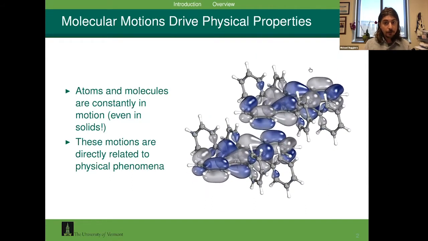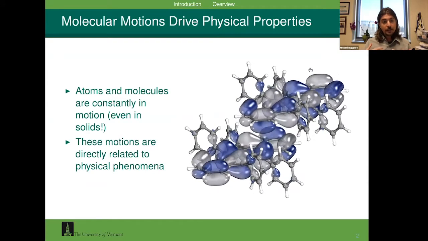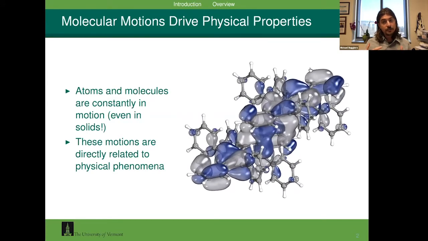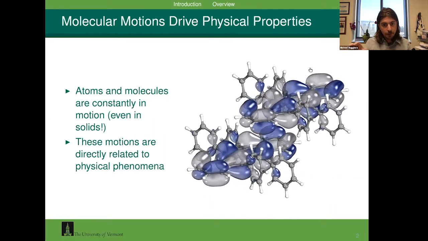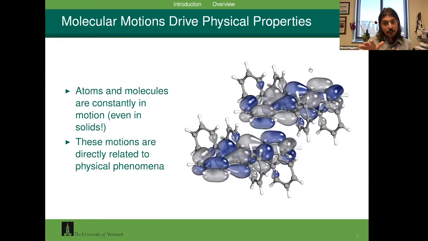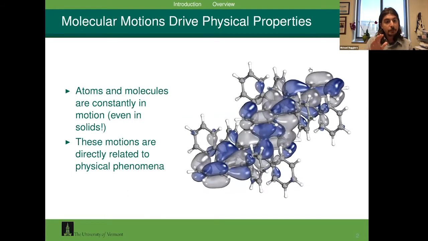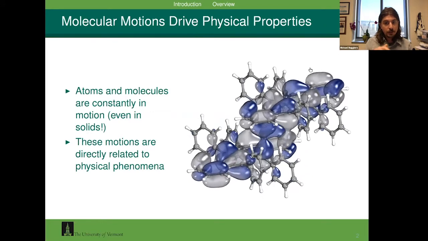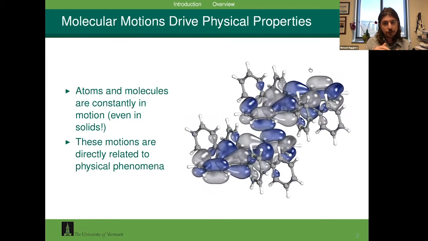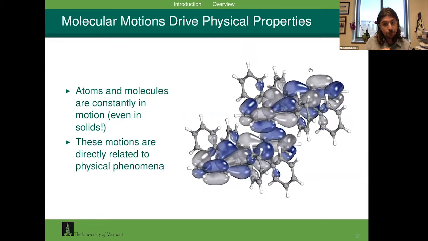Now, those motions in a solid are not necessarily diffusive, so the atoms or molecules may not be flowing, but they oscillate around some minimum, like a pendulum. So this is an example shown here in this animation, where two molecules are moving with respect to one another, and they just oscillate back and forth.